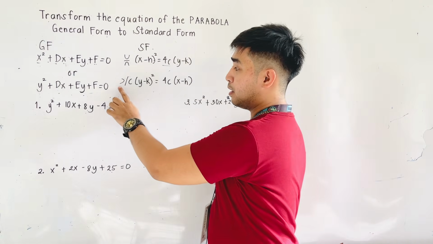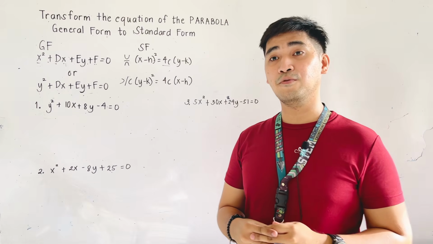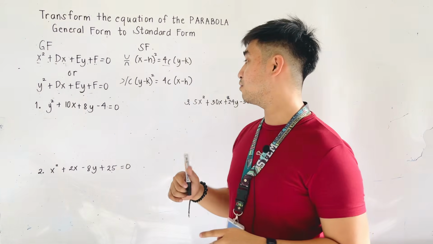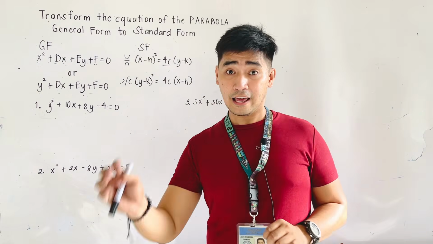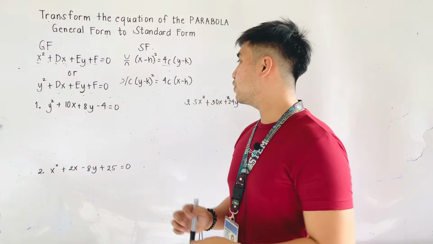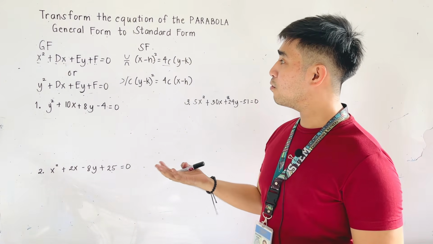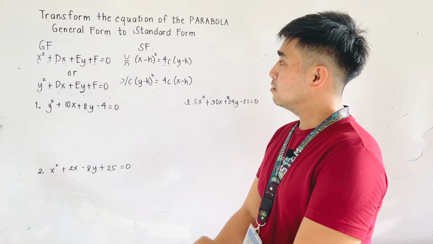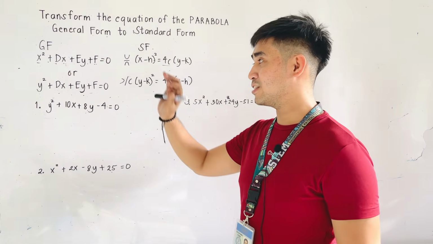If the parabola is opening to the left or to the right, the equation is given by y minus k quantity squared is equal to 4c times x minus h. And in order for us to know if this is going left or right, we will need the sign of the right side. So that is how we write the equation of the parabola in general and standard form.